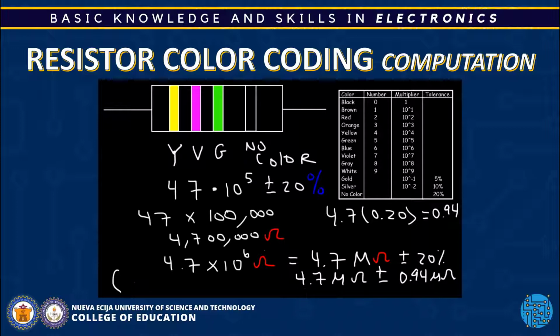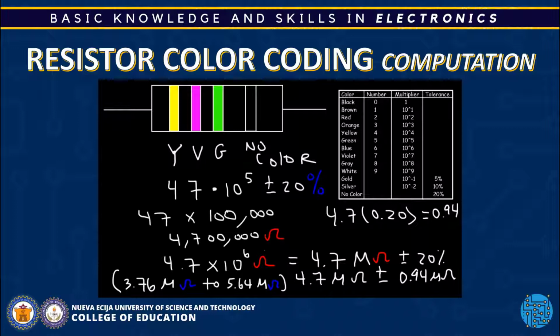So the lowest value is going to be 4.7 minus 0.94, which is 3.76 mega ohms. And the highest value is 4.7 plus 0.94, which is 5.64 mega ohms.